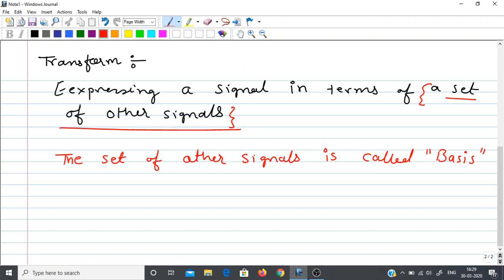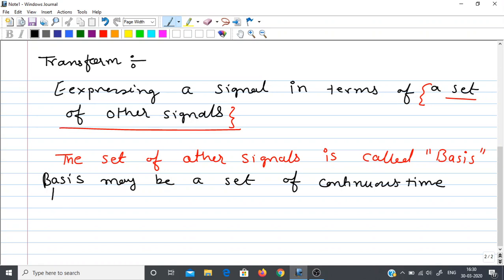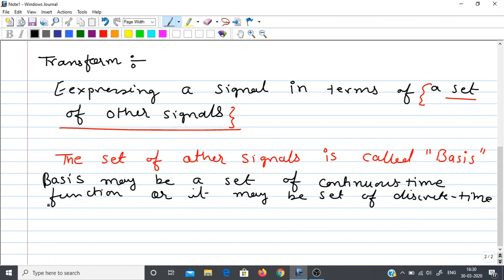So this basis could be a set of continuous time functions or a set of discrete time sequences or discrete time signals.